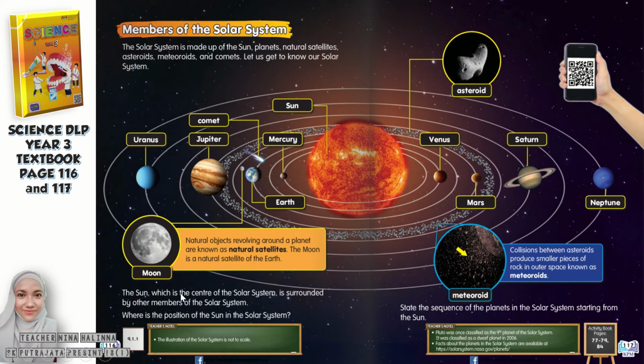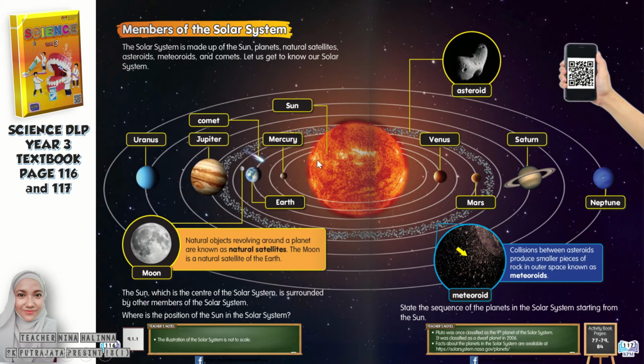The sun, which is the center of the solar system, is surrounded by other members of the solar system. So the solar system means that the sun is right at the center and the other members are surrounding it. Okay? So the question comes here. Where is the position of the sun in the solar system? Again, it is at the center of the solar system.